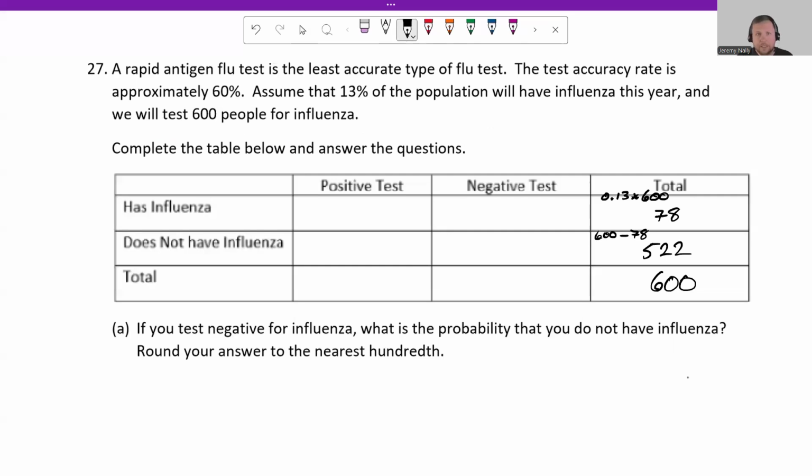The test accuracy rate is 60%. So then that's giving us the true positive and the true negative. So I'm going to take 60% of 78.